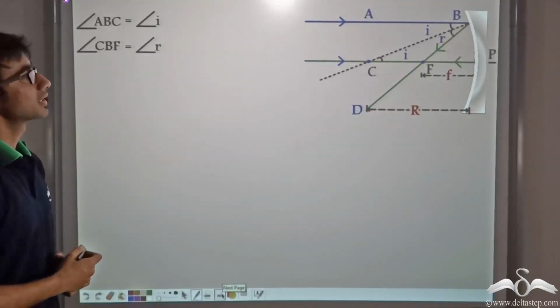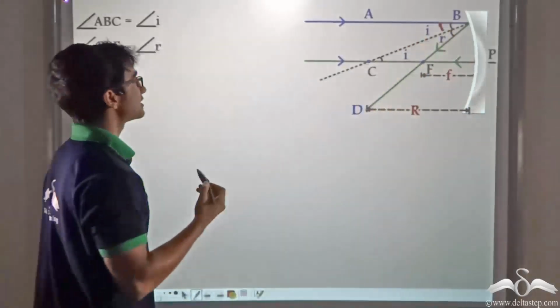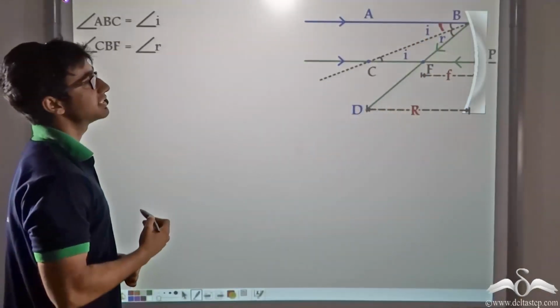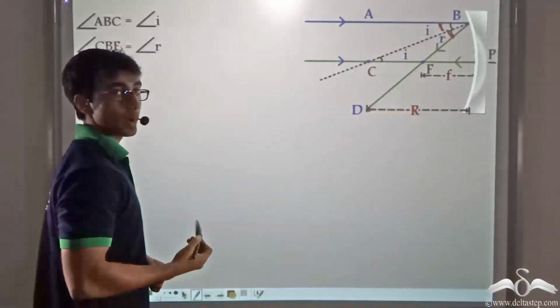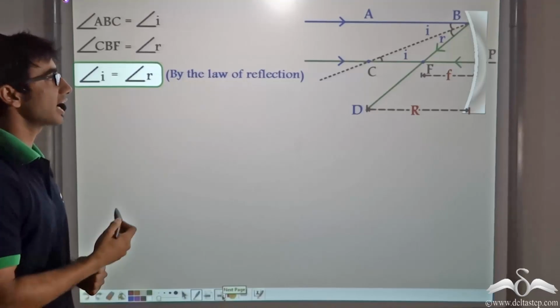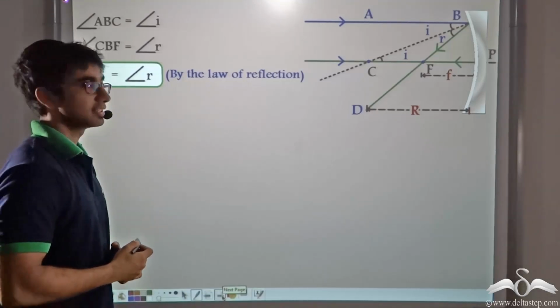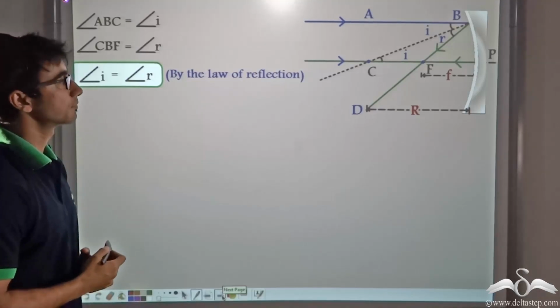As we know, angle ABC, that is this angle, is equal to angle CBF, which is this angle. Why? Because according to the law of reflection, angle i is equal to angle r, that is, the incident angle is equal to the reflected angle.